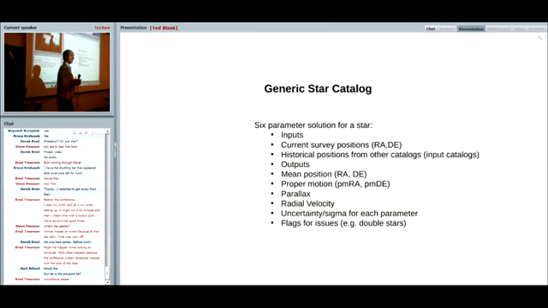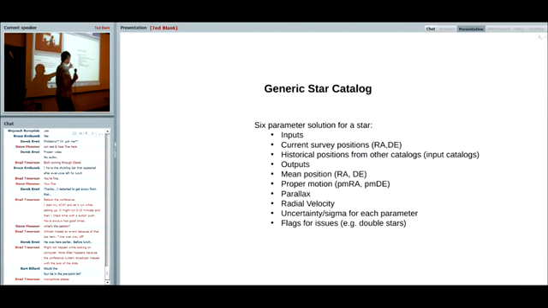You gather RA and DEC for stars, and with a large data set of those, and possibly using historical positions from older catalogs, you roll that all into outputs for each star: a mean position, the position of the star at a certain point in time; proper motion, which tells you how to move forward in time; parallax, which also has to do with timing constraints, how much it's going to shift as the Earth moves around its orbit; and radial velocity. That radial velocity plus the proper motion components allow you to get an accurate position moving forward or backward in time from the mean epoch position.